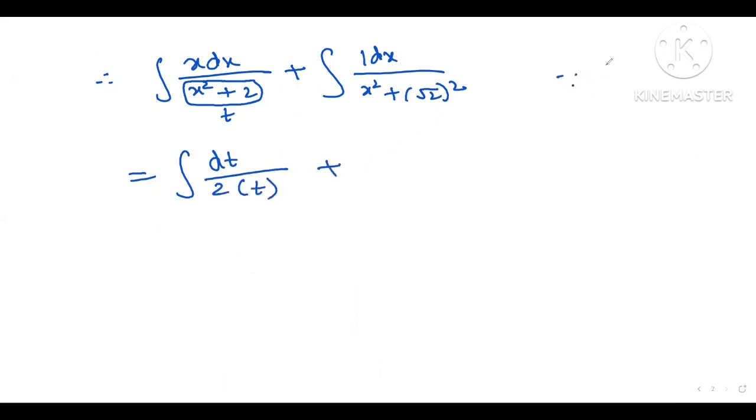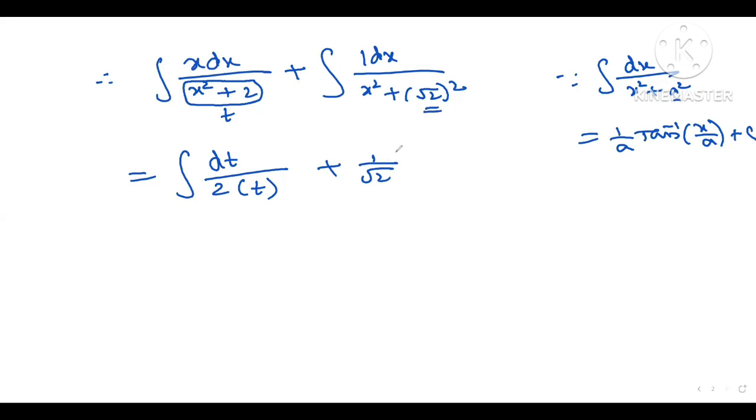Here we have one formula: integral of dx by (x square plus a square) is 1 by a tan inverse of x by a plus c. So 1 by root 2. In the place of a, root 2 is there. 1 by root 2 tan inverse of x by root 2 plus c.